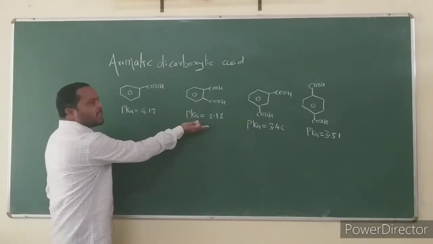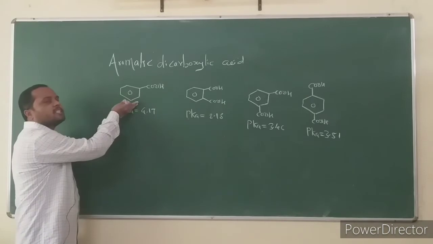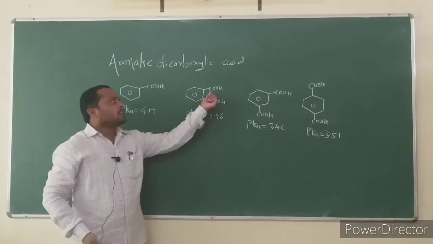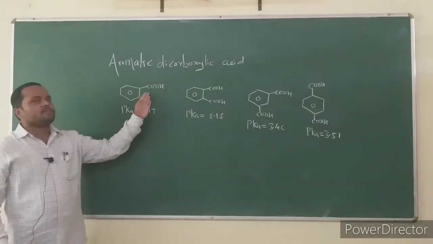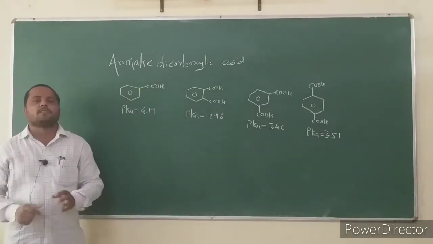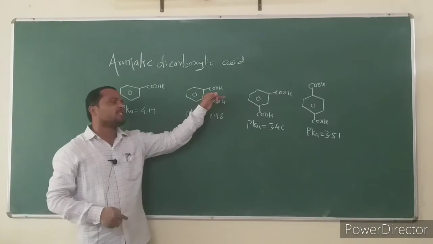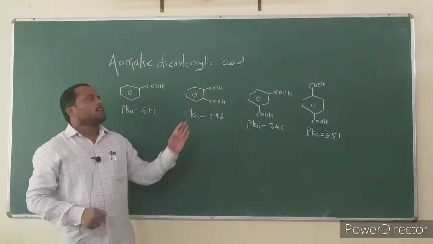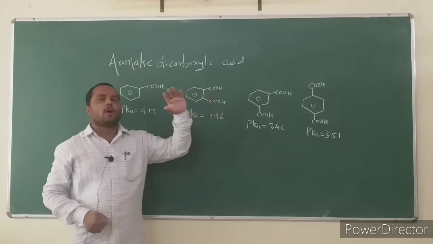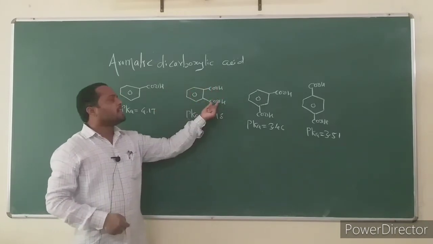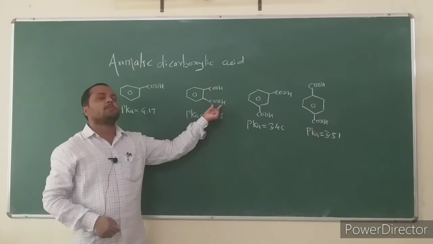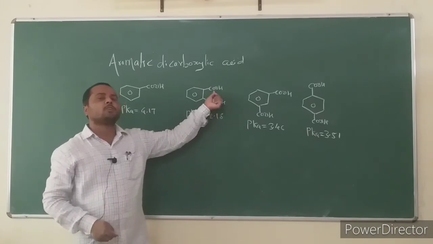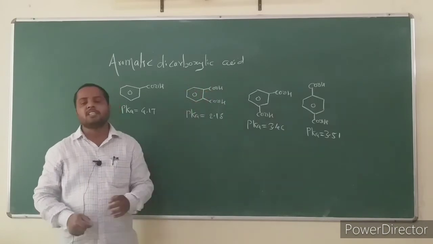All dicarboxylic acids are more acidic than monocarboxylic acids because in a monocarboxylic acid only one carboxylic functional group is present, but in a dicarboxylic acid two carboxylic groups are present. The carboxylic functional group has a minus I effect. The minus I effect of one carboxylic group helps the dissociation of the other carboxylic group and acidity increases.